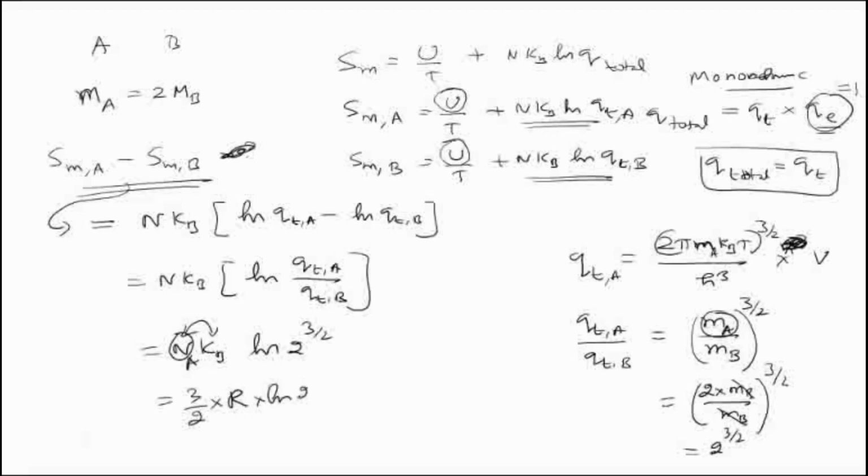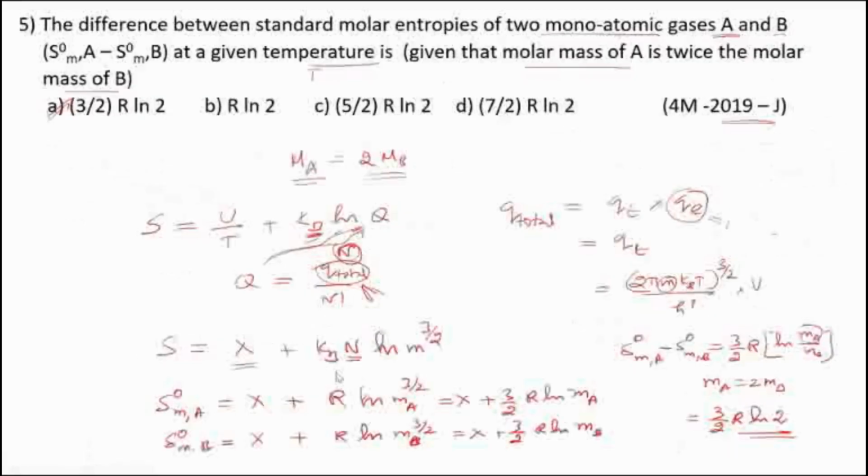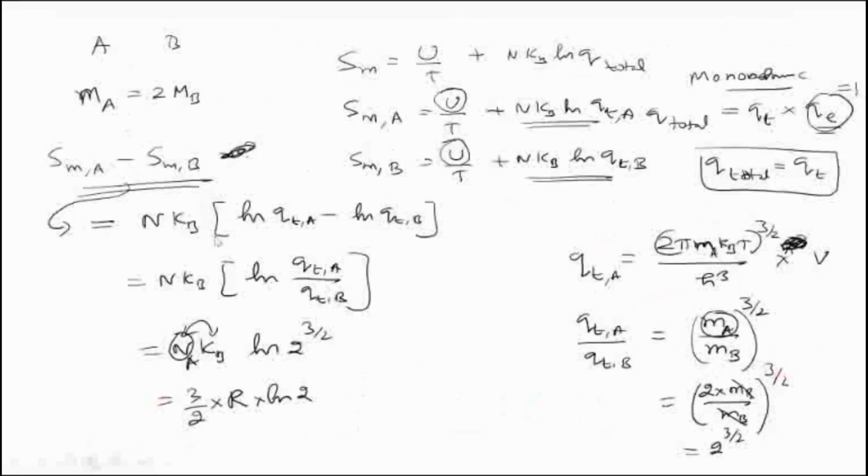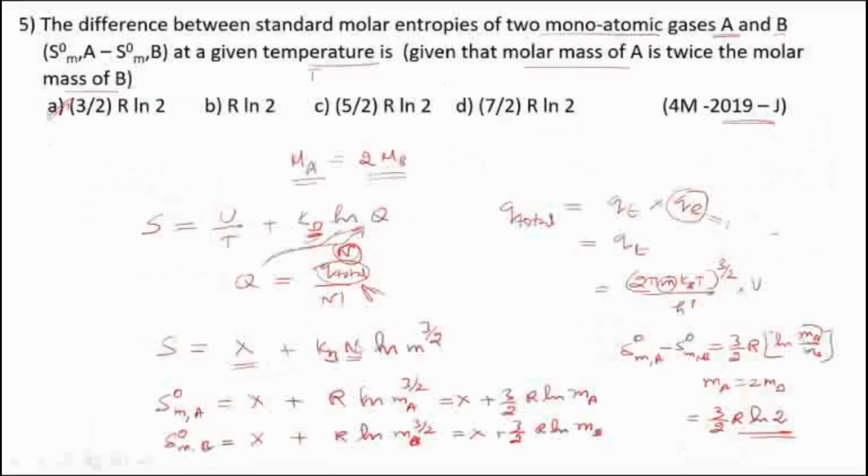So we end up with this. We'll check whether the answer is correct or not. Yeah, we have 3 by 2 R ln 2, an option is there. So 3 by 2 R ln 2 is the correct option for this question. So the correct option is option A.